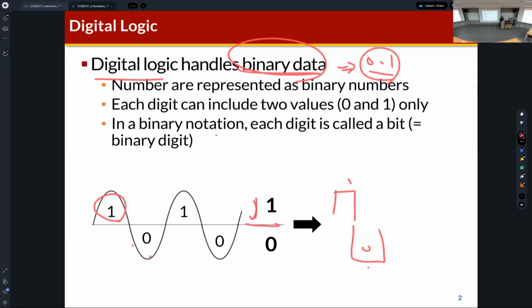Each digit of the binary number system is called a bit. A bit represents a binary digit, so that's why a binary digit is called a bit.